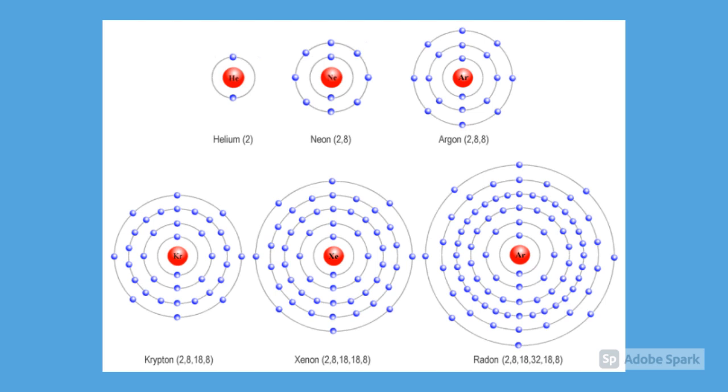So to conclude, the atoms of the group 8 elements have an incredibly stable arrangement of electrons in their outer shells, and that makes them hugely unreactive. They don't want to lose electrons, and they don't wish to gain them either.